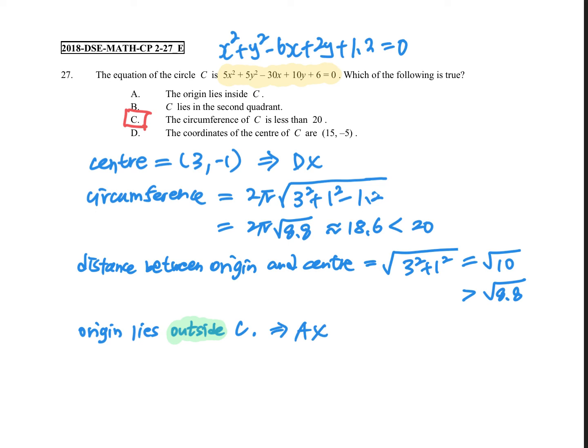Option B, we need to do the sketching. So here the center is (3, -1). So basically, first of all, (3, -1), so that will be somewhere here. So this is the center.